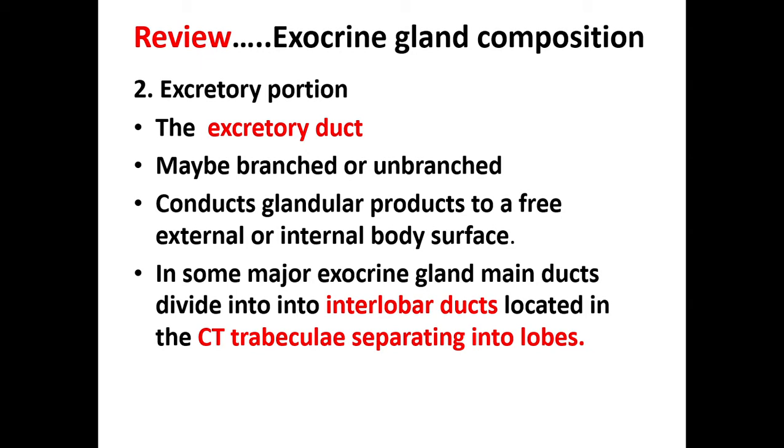The excretory portion of the exocrine gland is the excretory duct. The excretory duct may be branched or may be unbranched. This duct conducts glandular products to a free external or internal body surface.